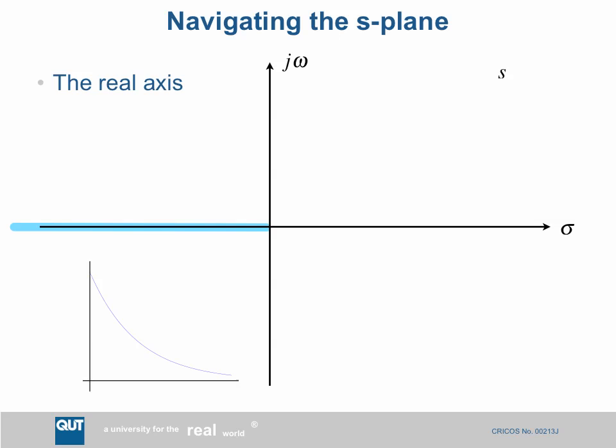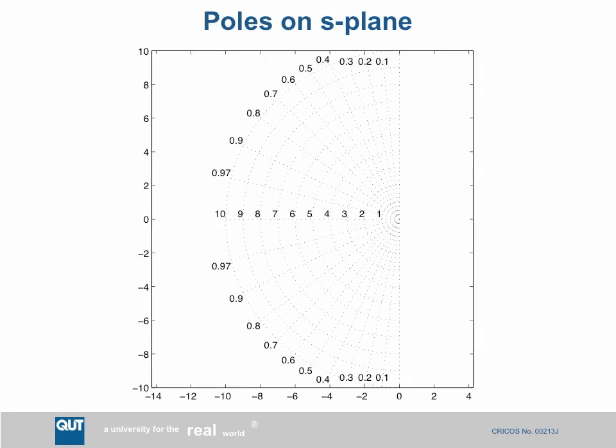They exhibit purely exponential decay. So important elements of the S-plane: the right-hand plane where there are dragons, where you don't want to be; the left-hand plane where things are stable. We have the imaginary axis itself, the vertical axis, and we have the negative real axis.